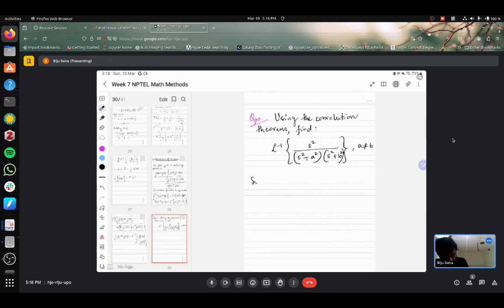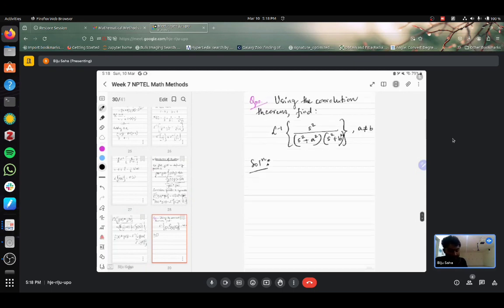So the problem where it will be helpful is, see here you could clearly see that the argument is appearing in this format, right? And individually they are Laplace transforms.